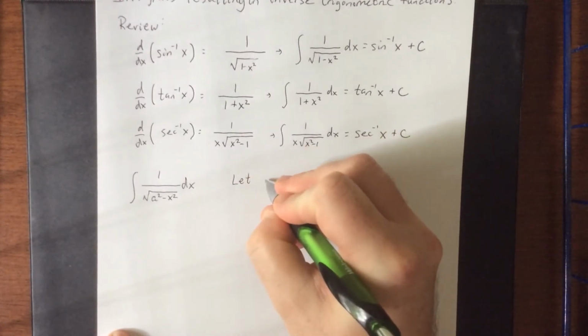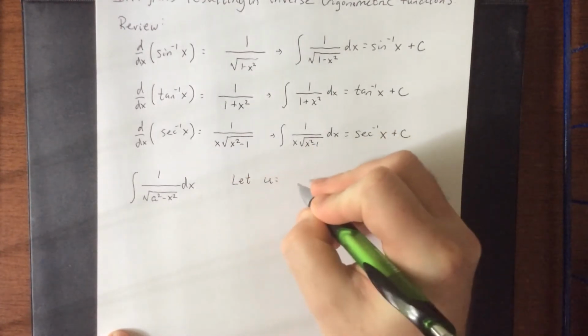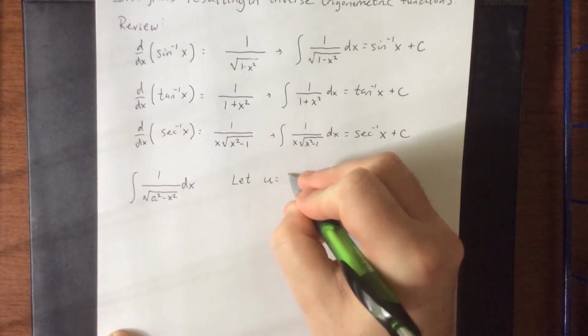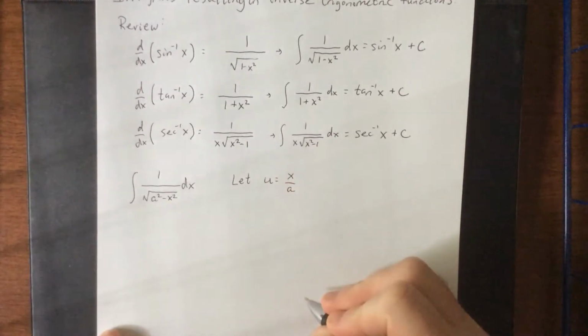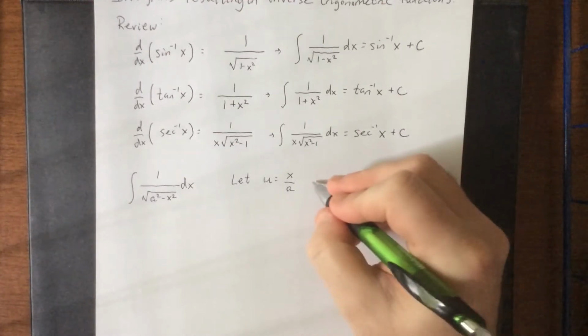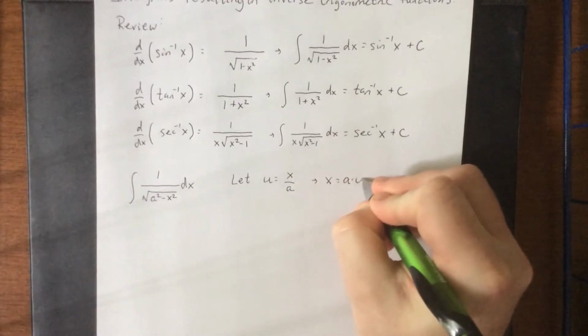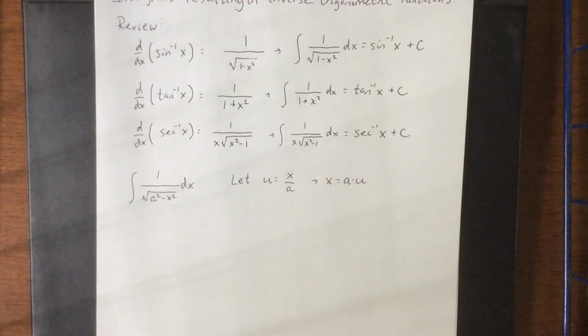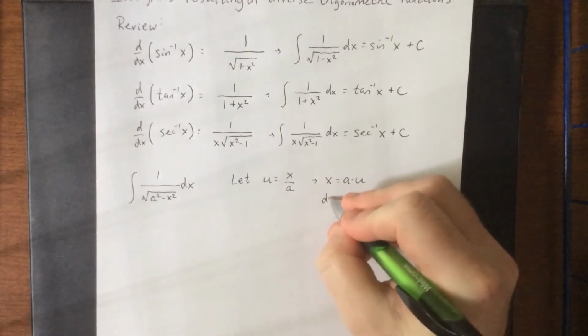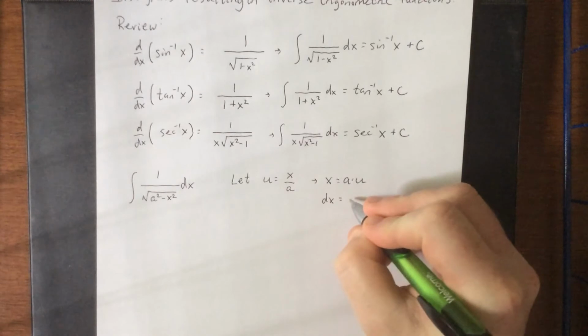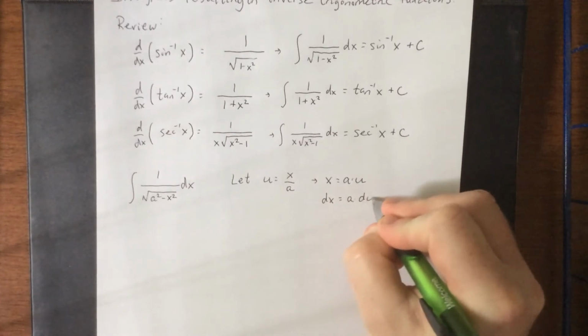We are going to let u be equal to x divided by a. Or similarly, if we were to solve this for x, x would be equal to a times u, where a is our constant and u will be our variable. That way, dx is going to be equal to a times du.